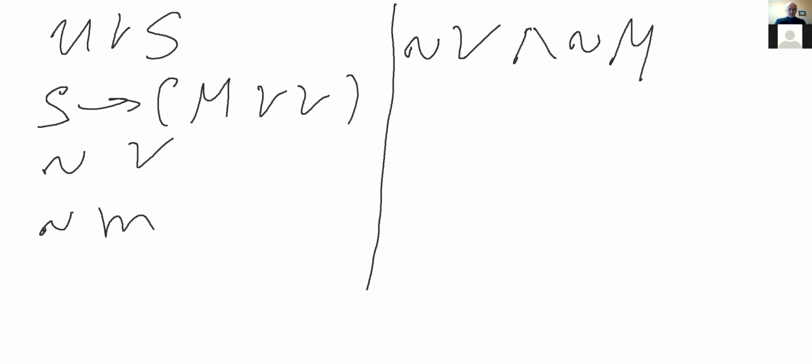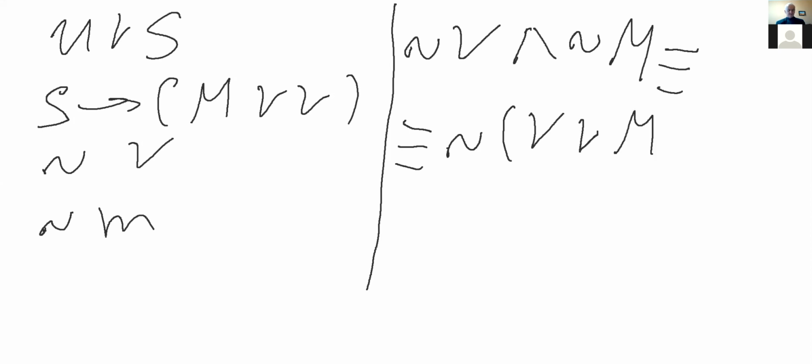Both are true, not V, not M, and we can say that it's not V and not M. And now we can use De Morgan's law, and it equals not (V or M), by De Morgan's rule. Okay.